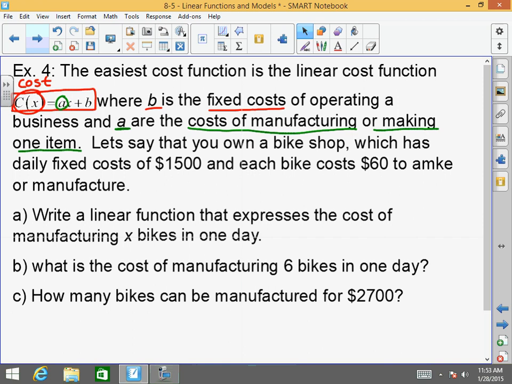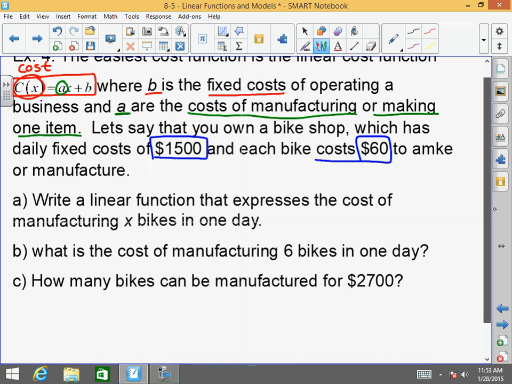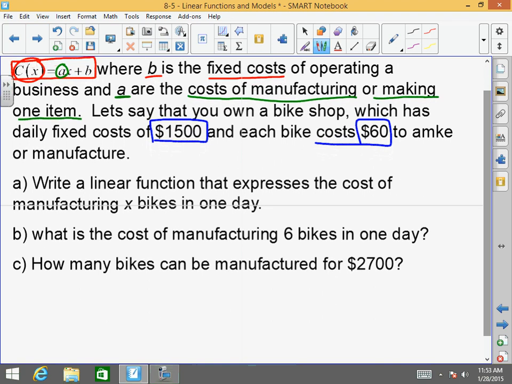So let's say that you own a bike shop which has a daily fixed cost of $1,500. That means that every day, it costs $1,500 to just have the business. And each bike that you make costs $60 to make or manufacture. Write a linear function that expresses the cost of manufacturing x bikes in one day.